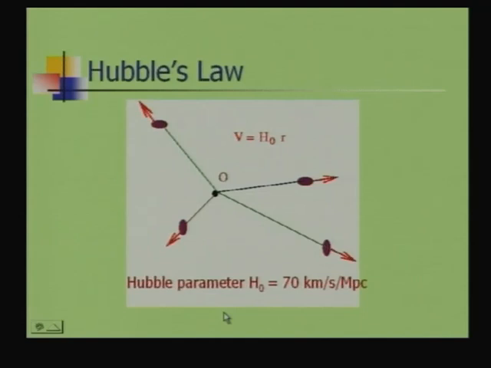This is an observational discovery, and it is possibly the most important observational discovery in cosmology, and this was made in roughly the 1920s. By the 1920s it was known that the galaxies are moving away from us with a speed proportional to the distance. It is an observed fact. Let me go through the steps again.